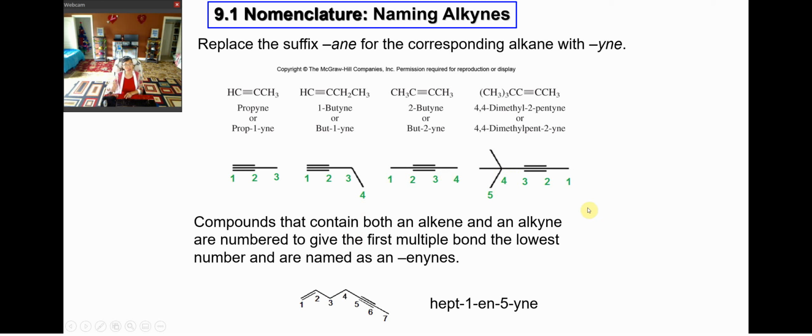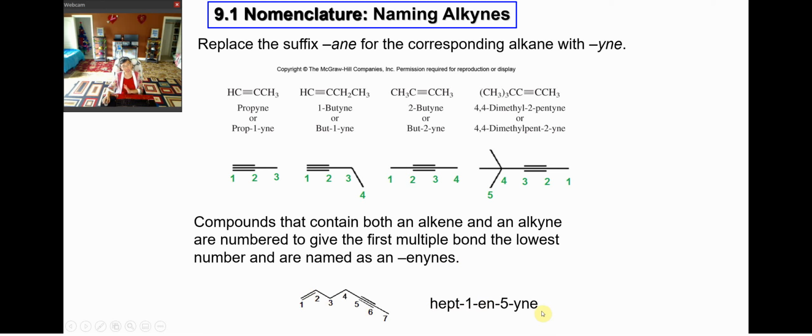If you have molecules which are slightly more complicated, such as having both alkene and alkyne, how are you going to name it? The name will essentially combine alkene and alkyne. In this case, the alkene has the lower priority compared with alkyne.